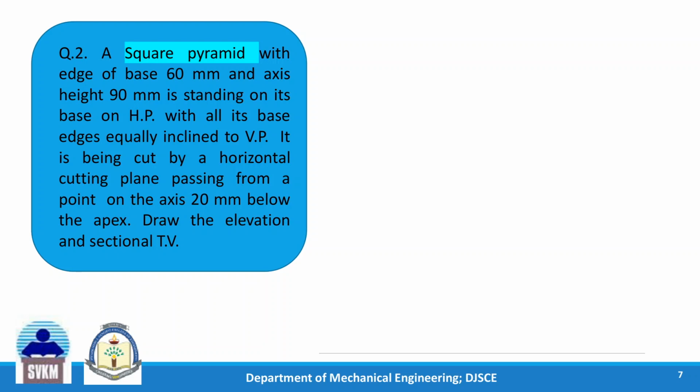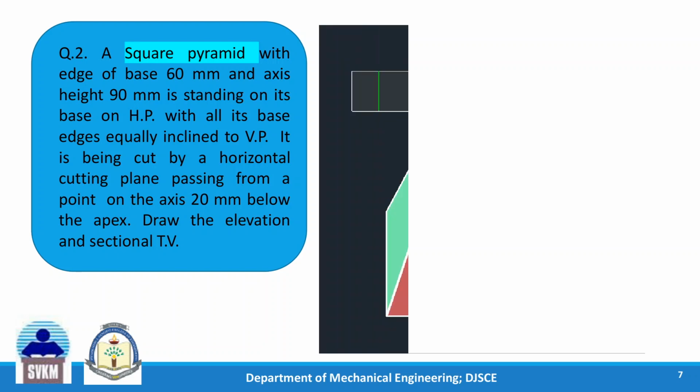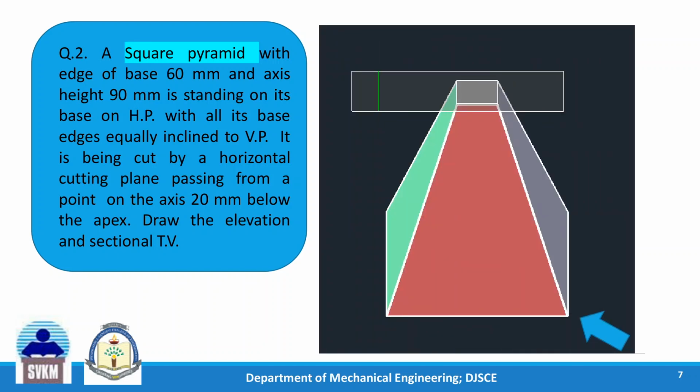It is similar. Now let us see the section here for this case. Just imagine the solid. It is like this. Okay, here all the base edges are equally inclined, so it is like this. You are seeing from here. So this is a slant edge, this is a slant edge, this is a slant edge.